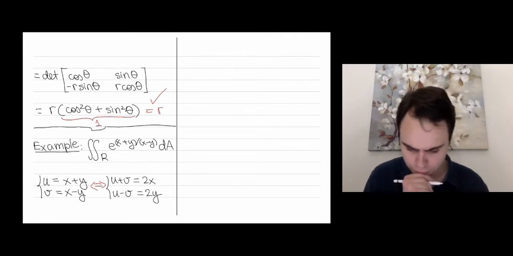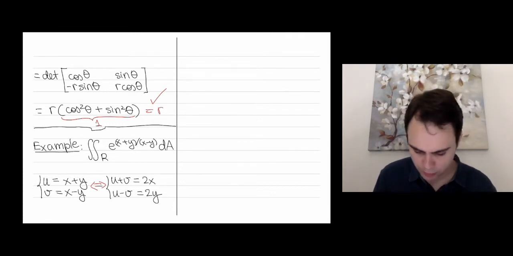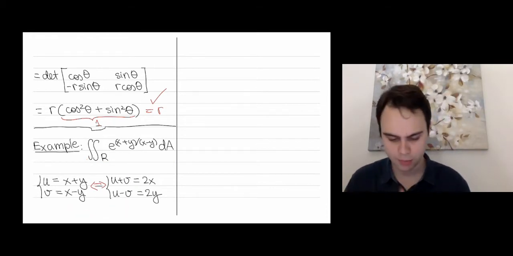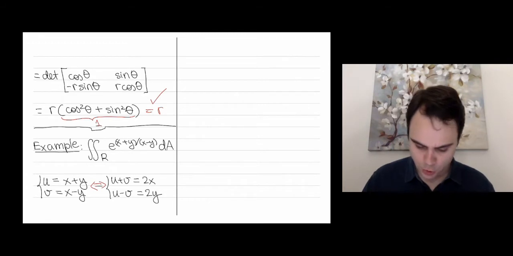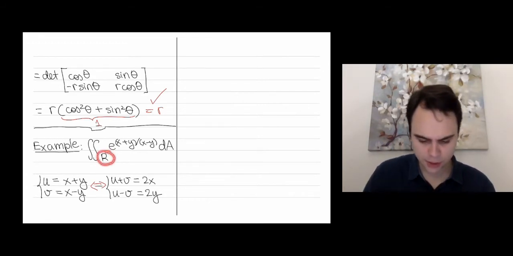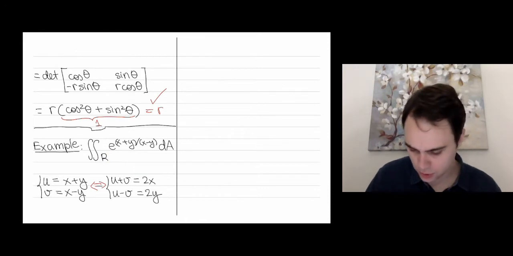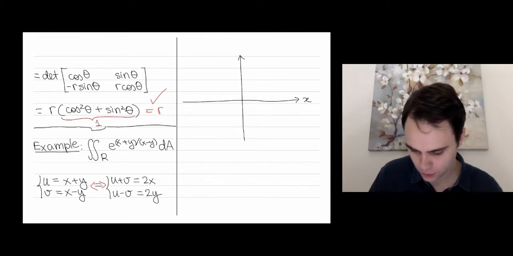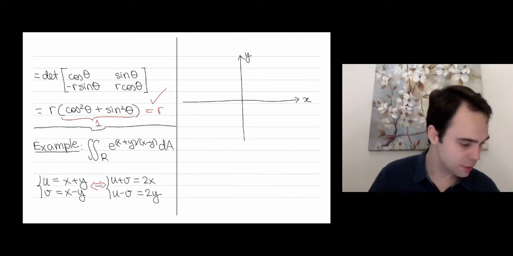So the problem of evaluating this integral by changing coordinates to u and v is going to be doable. Let me finish telling you what the problem is. I have to tell you the region of integration, and it's going to be this region.